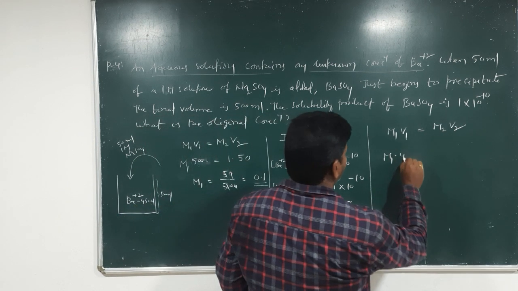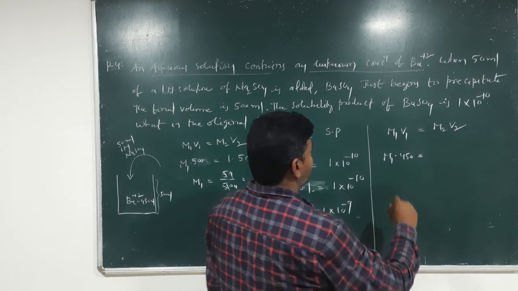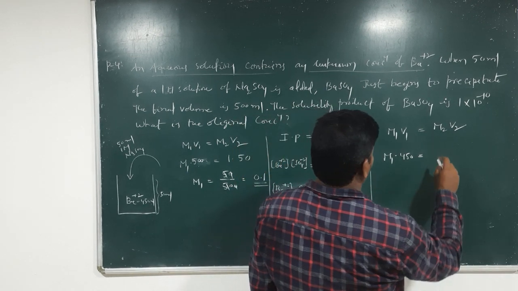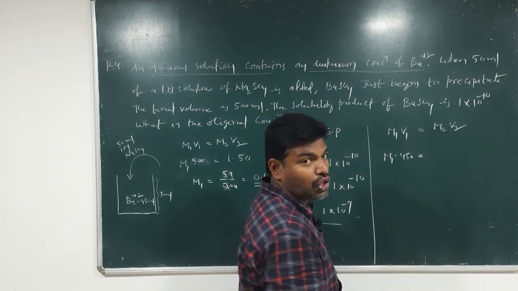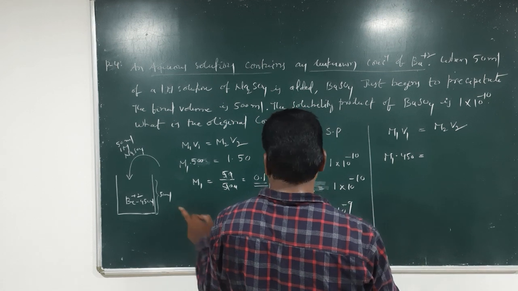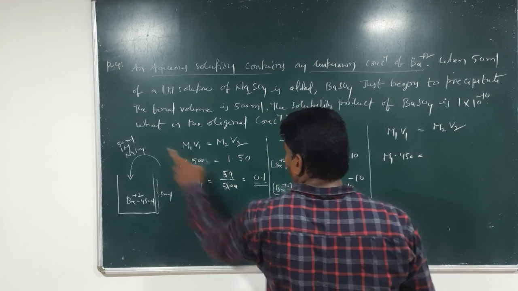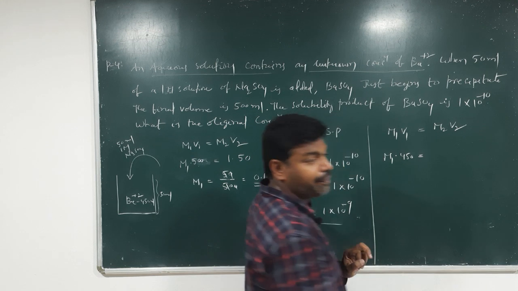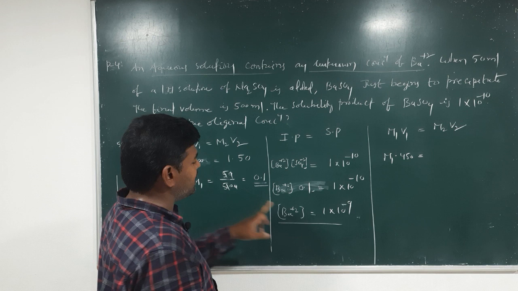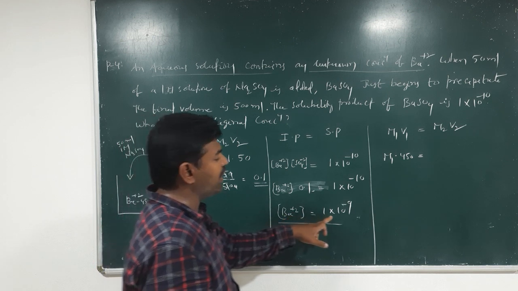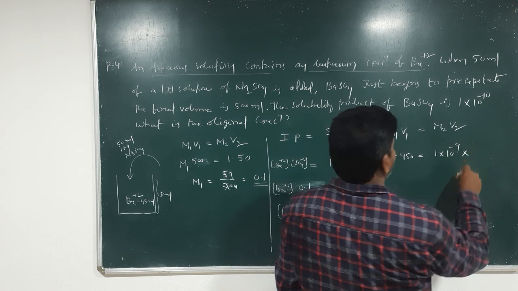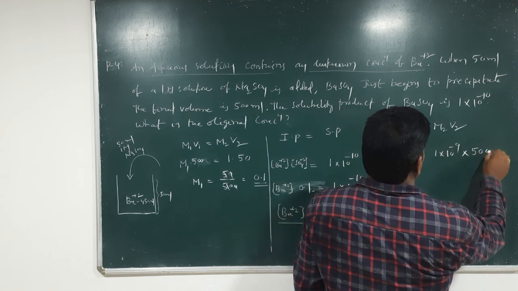M2 is the concentration of barium plus 2 after adding Na2SO4, the final concentration of Ba plus 2, which is 1 into 10 power minus 9, and its volume is 500 ml.